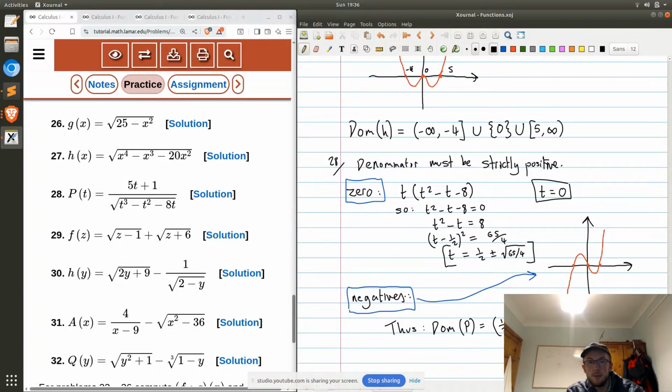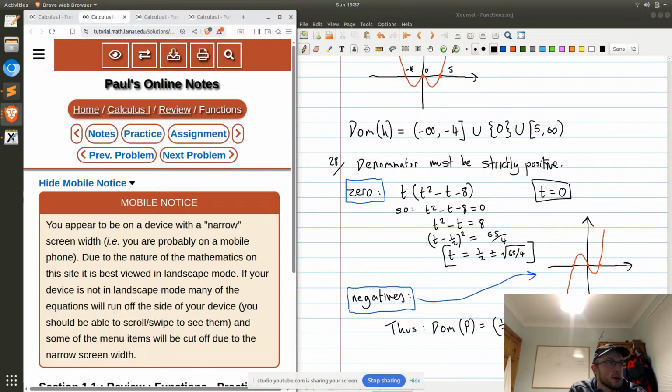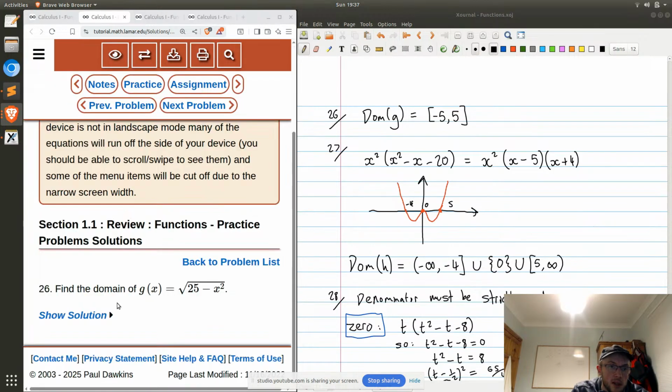Positive infinity. That's what I think. So there's the next 3 done. Now let's see if it's right and how right it is.